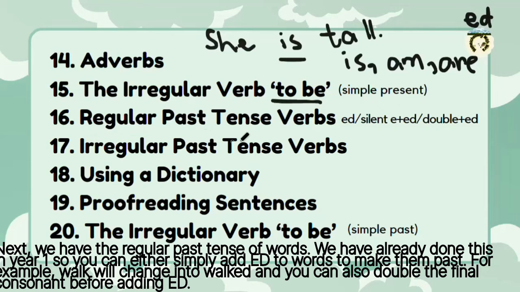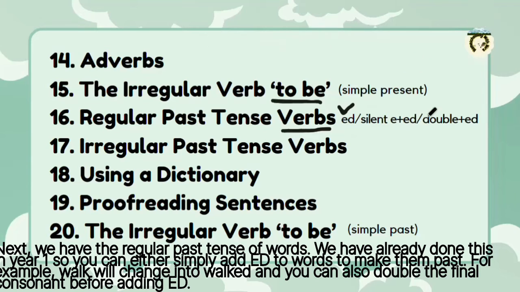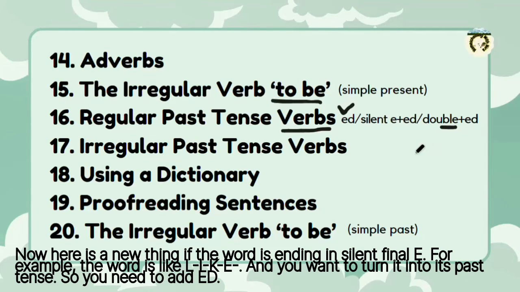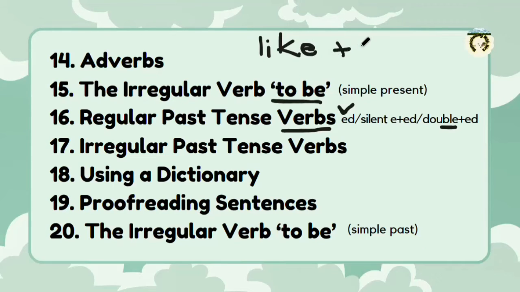Next, we have the regular past tense of verbs. We have already done this in year 1, that you can either simply add ed to verbs to make them past. For example, walk will change into walked. And you can also double the final consonant before adding ed. Now, here is a new thing: if the word is ending in silent final e, for example, the word is like, L-I-K-E, and you want to turn it into its past tense, you need to add ed.